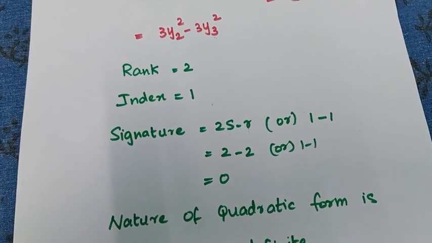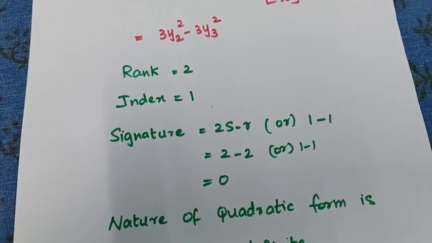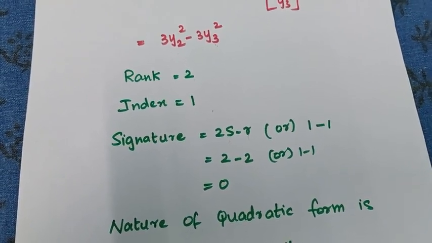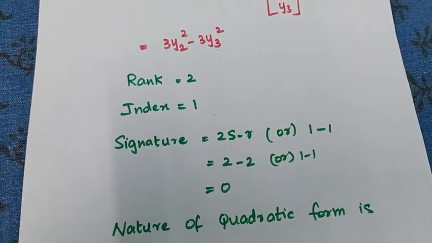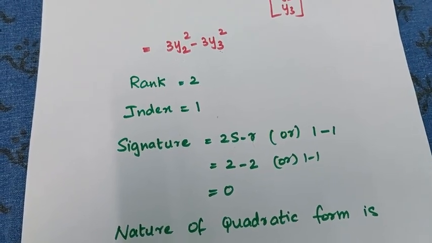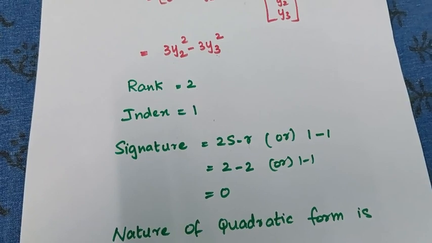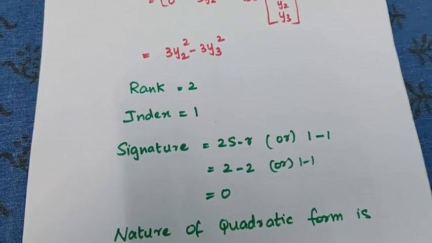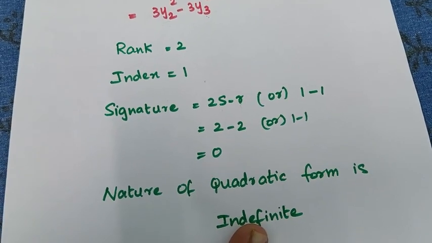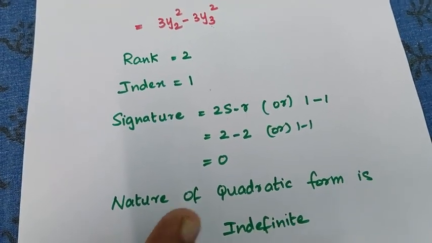If at least one eigenvalue is 0 and the others are positive, then it will be positive semi-definite. If one is negative, but one is 0, it's negative semi-definite. Here if you see the eigenvalues, they are 0, 3, minus 3. So you have 0, you have positive and also negative. So it is indefinite. Okay, so this is about the nature of the quadratic form.